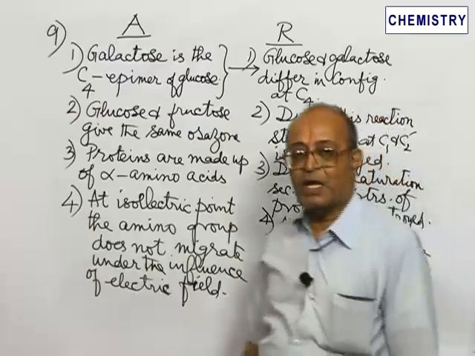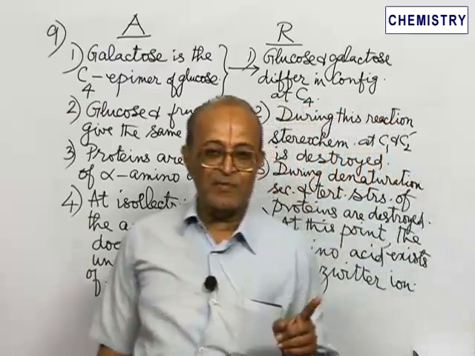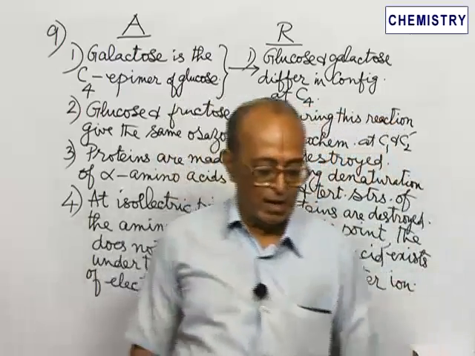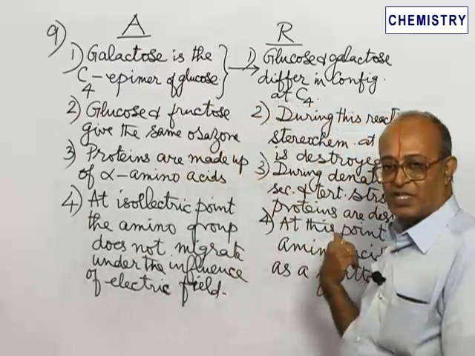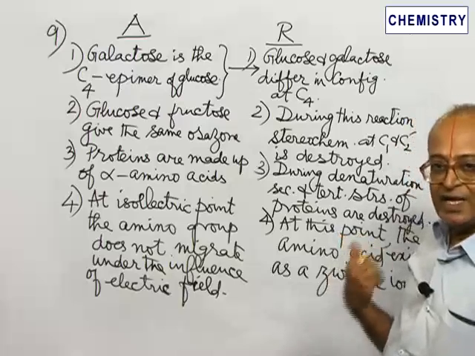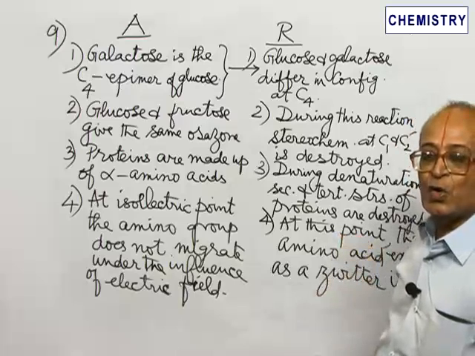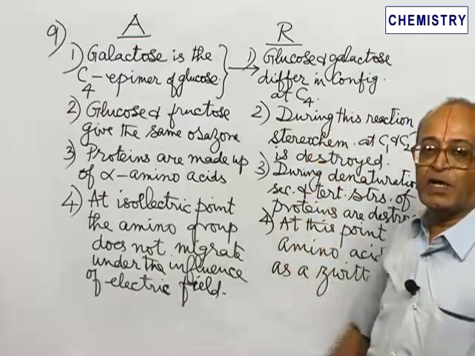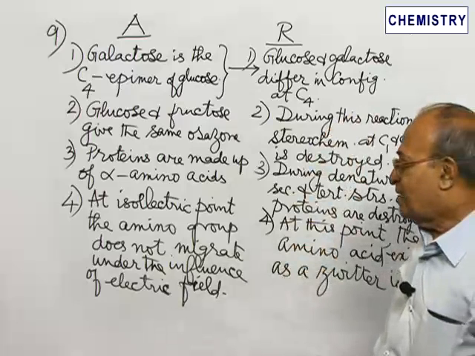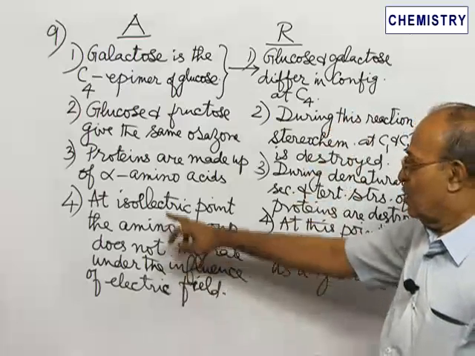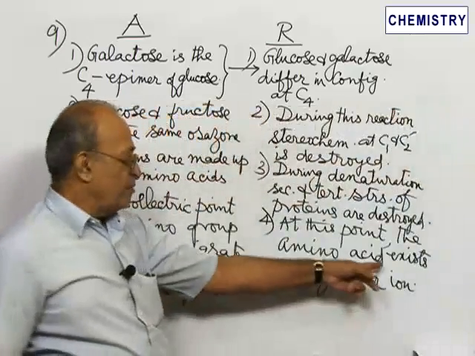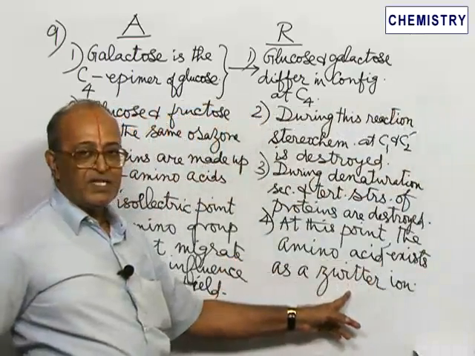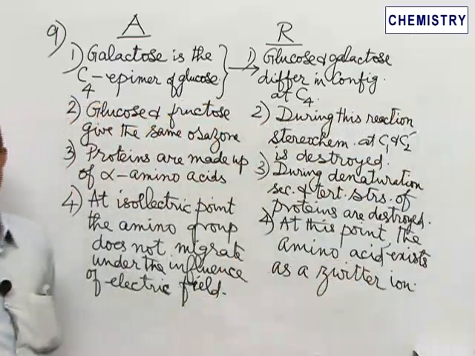Zwitter ion means one end of the same molecule having the positive charge and the other end having the negative charge, and so at a particular pH, which is known as the isoelectric point, the amino acid exists as a Zwitter ion.